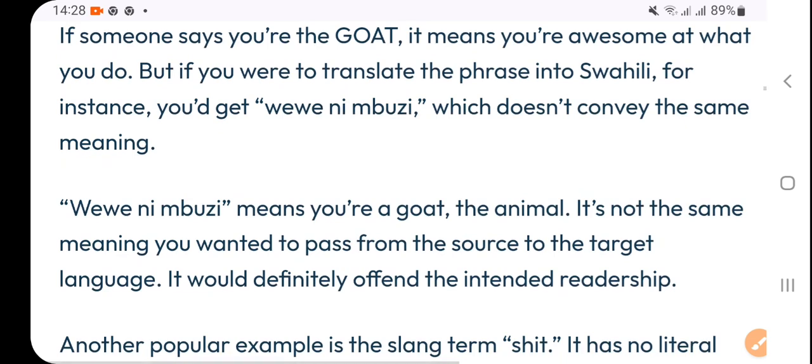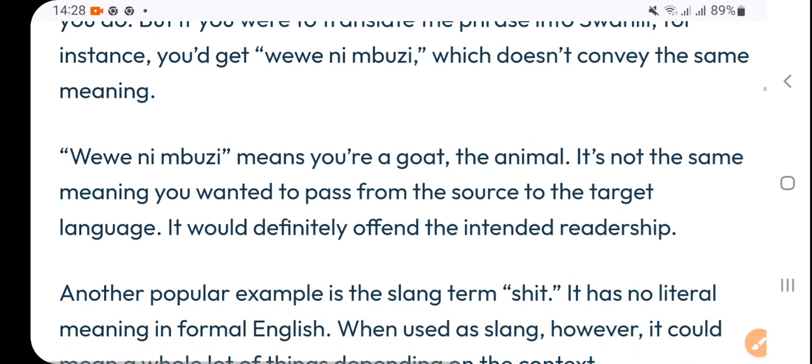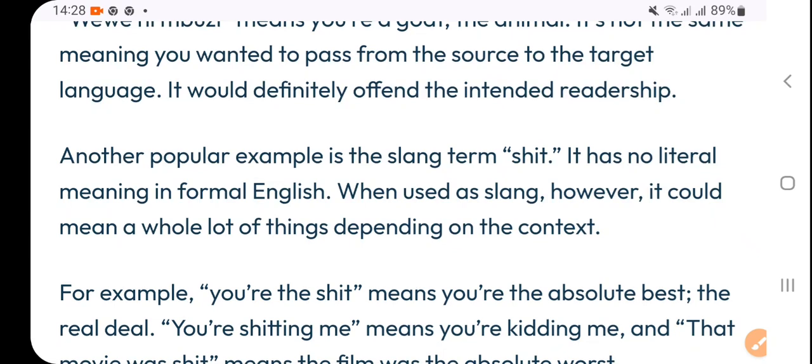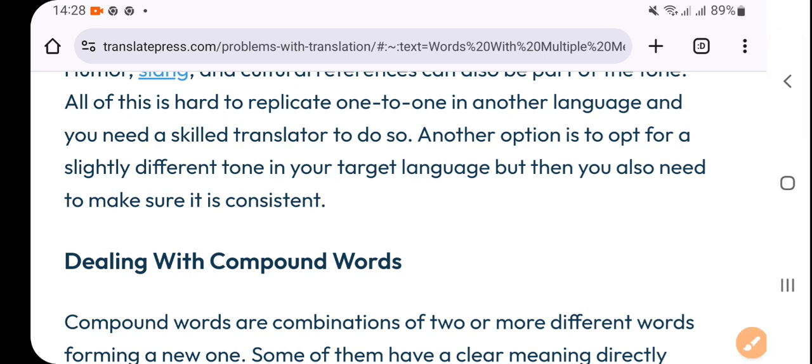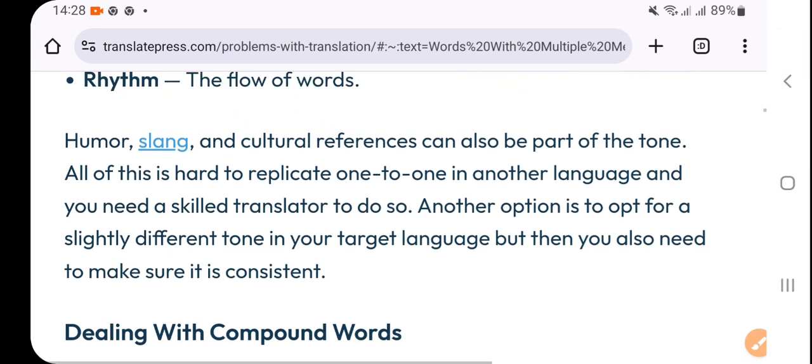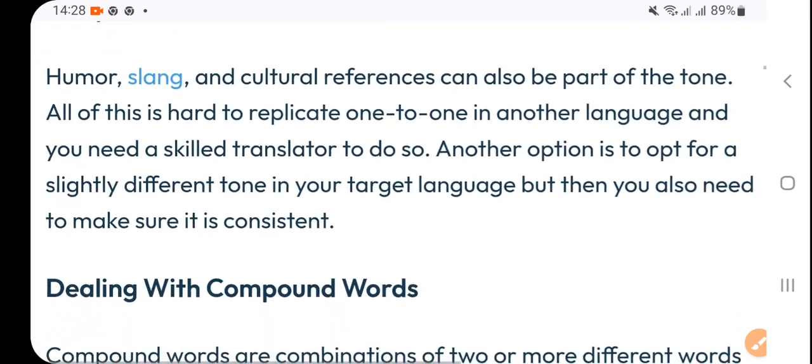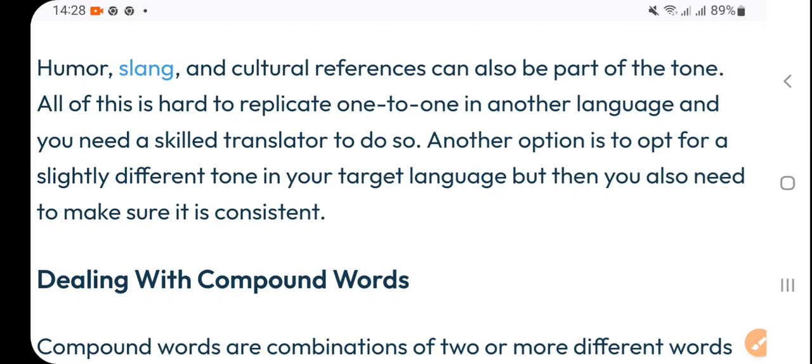But if you were to translate the phrase into Swahili, for instance, you get something like, I'm not going to read this much, but that's a difficult task, right? So that is why we cannot translate. That's the slang I actually wanted to show you. So humor, slang, cultural references can also be part of tone, and that's a very big challenge to translate.